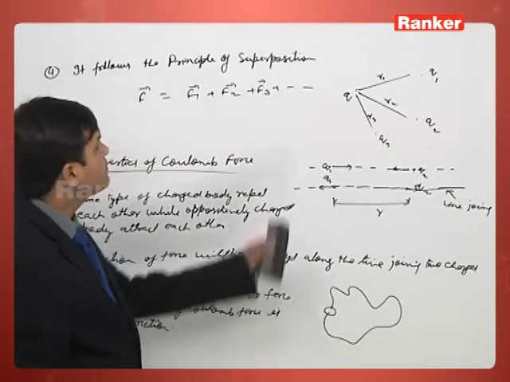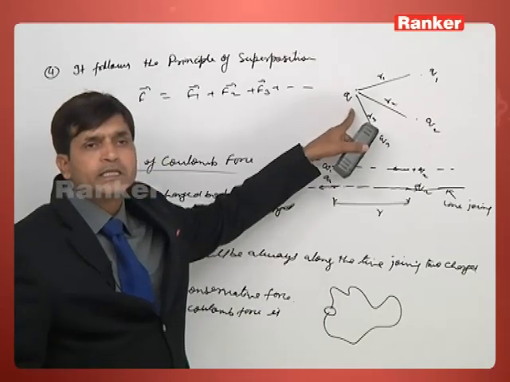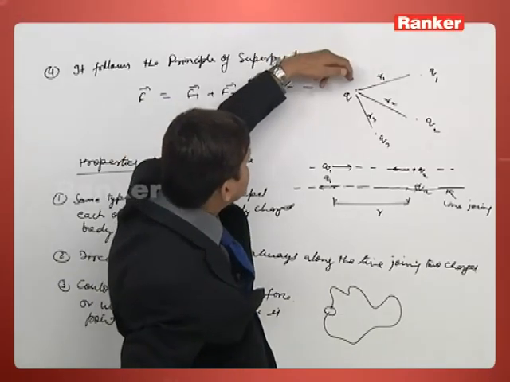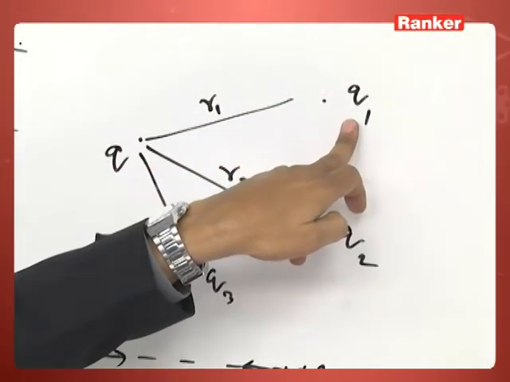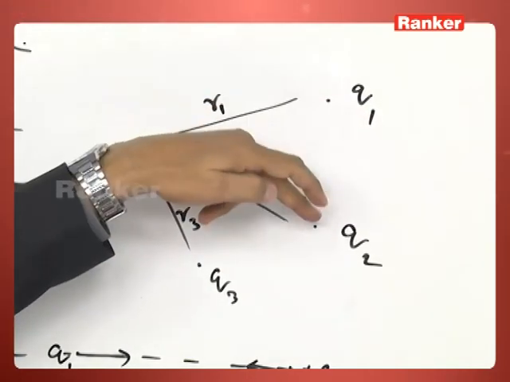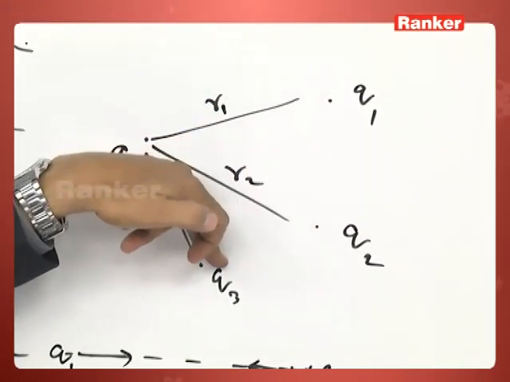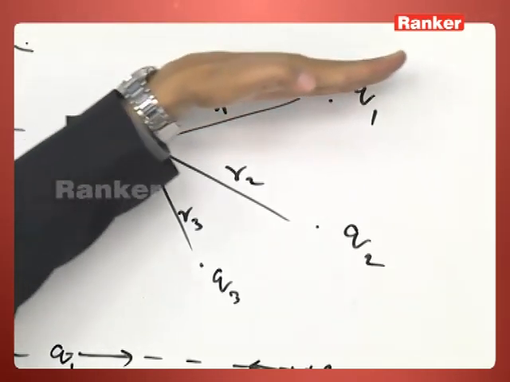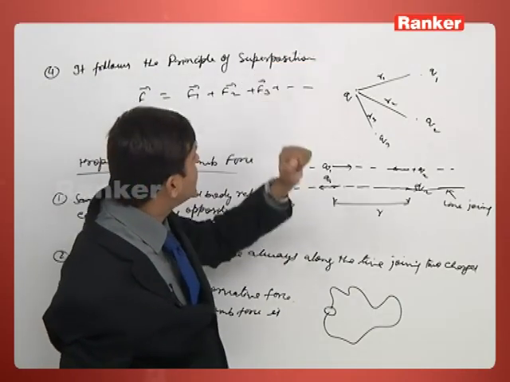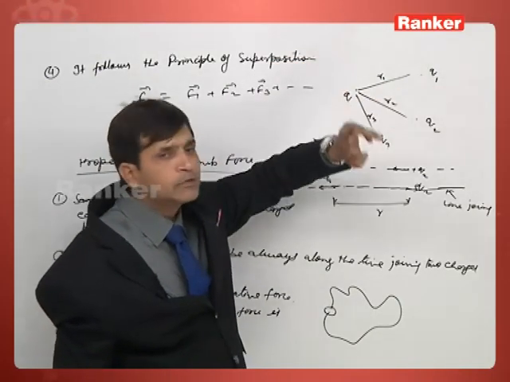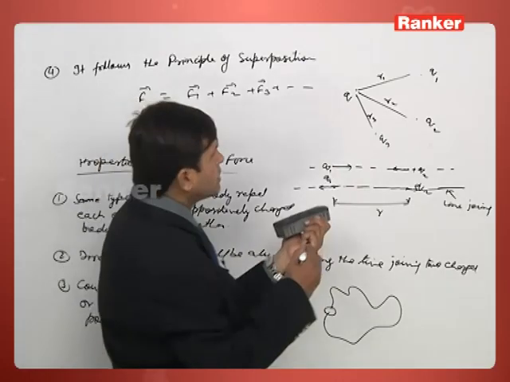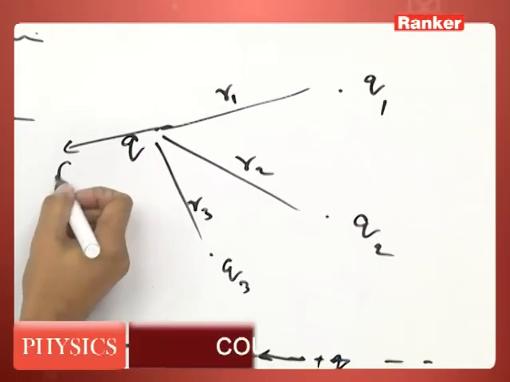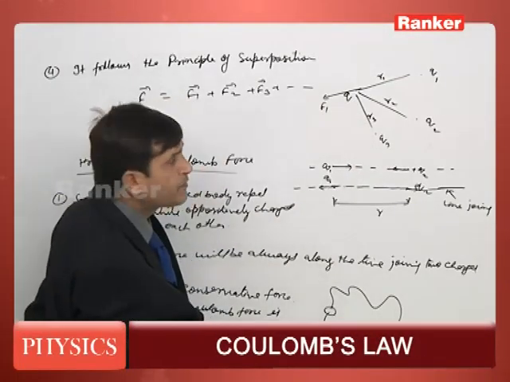Now if we want to calculate the force on charge Q due to Q1, it does not depend on the presence of Q2 and Q3. The force between Q and Q1 will be along the line joining the two charges, and the magnitude is also given by the Coulomb formula. So the force on Q due to Q1 is in this direction if all are positive, F1.